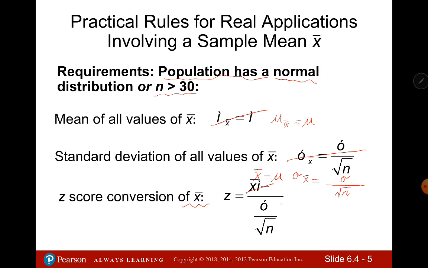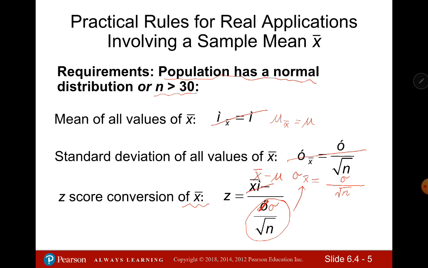And the denominator should be sigma divided by square root of n, because this whole part is the standard deviation of the x bar.